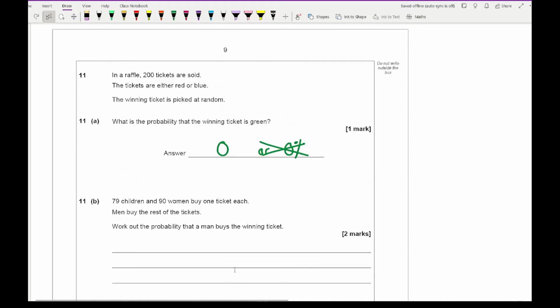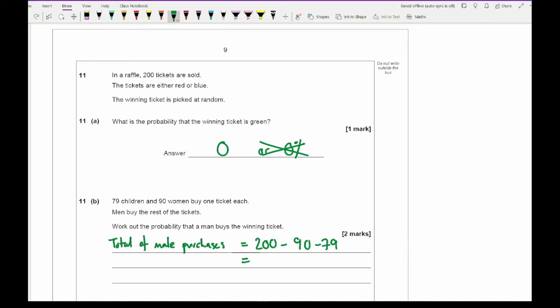Question 11b, it says that 79 children, 90 women buy 1 ticket, men buy the rest of the tickets. Work out the probability that a man buys the winning ticket. So for this, what we need to do is work out the total of male purchases. And how do we do that? Well, there's 200 tickets, so we've got 200 minus 90 minus 79.